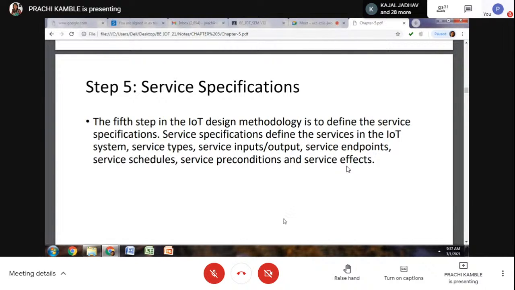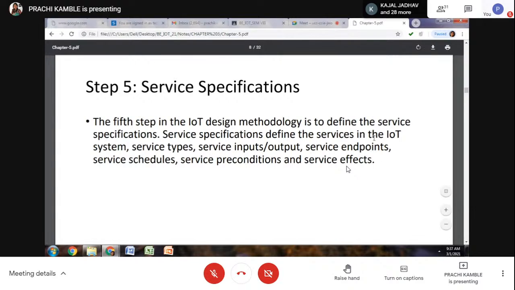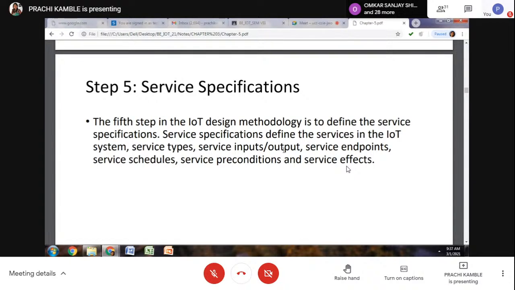Different types of services in the IoT system, service input and output, that is integration at the input side and integration at the output side, that is your device to cloud and cloud to device interface, and accessing the data, is called service input and output.